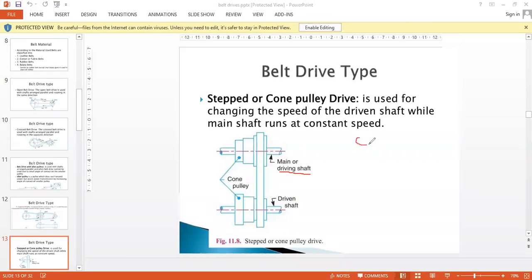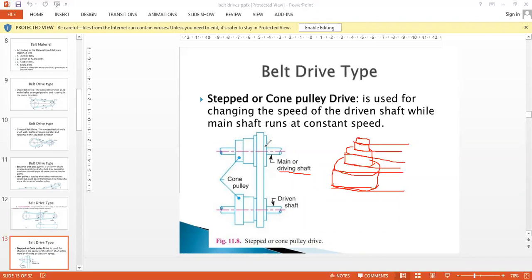It will have a larger diameter in a stepwise manner. So here we have three steps where we can put the belt over here, smaller diameter. We can put the same belt over here, a little bit larger diameter. We can put the belt on this particular bigger diameter also. So it looks like a cone or in the form of steps.